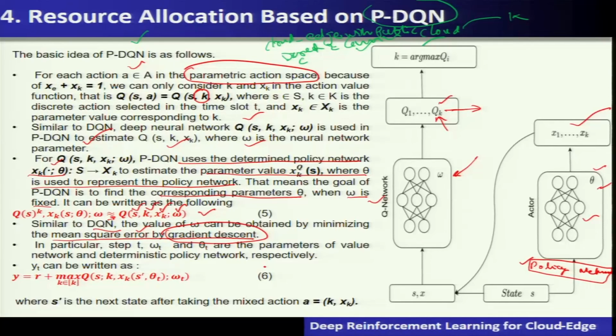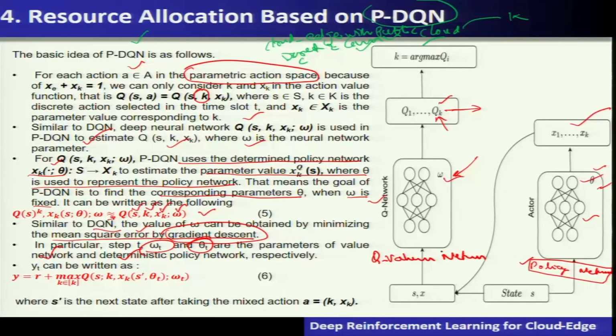So this particular network, called the q network, will formulate it. There are two types of networks. One is called the q network, which is represented by omega. The other is called the policy network, which is represented by theta. So omega t and theta t are the parameters of the value network and the deterministic policy network. This is the policy network and this is called the value network, sometimes normally called the q value network.